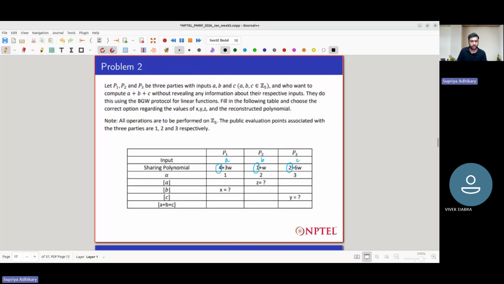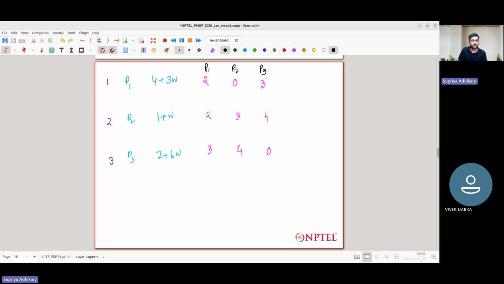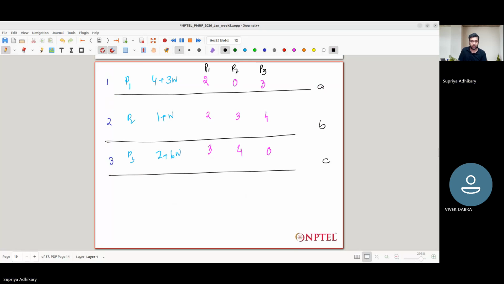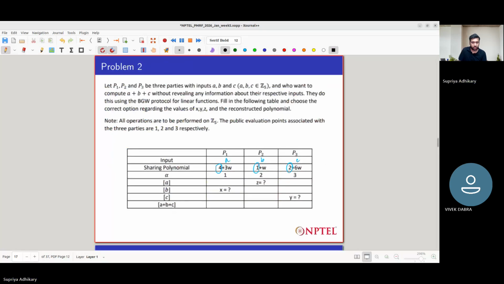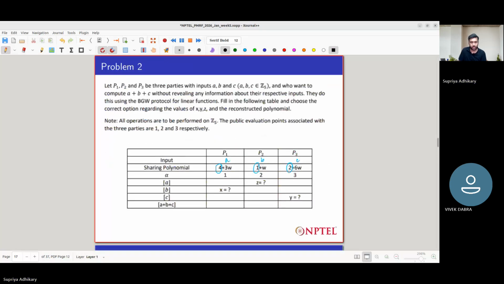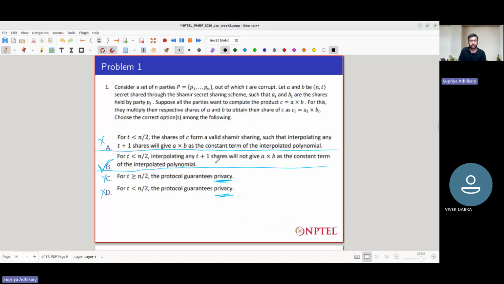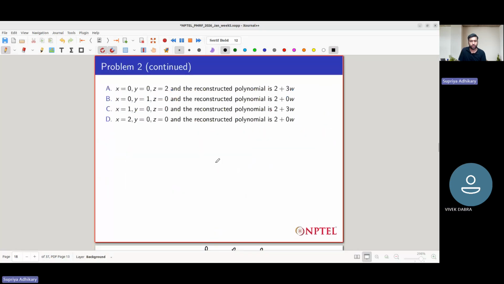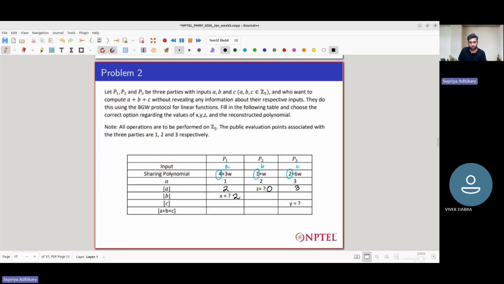So these are the shares of A, shares of B, and shares of C. The shares of A are nothing but 2, 0, and 3. Over here, it should be 2, 3, and 4.